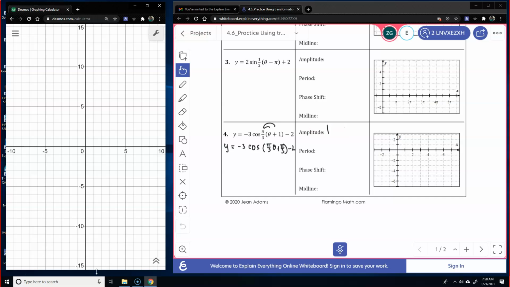The amplitude is the absolute value of -3, which is 3. The period is 2 pi divided by pi over 3, which is 2 pi times 3 over pi. So the pi cancels, so you have 6. The period is 6.